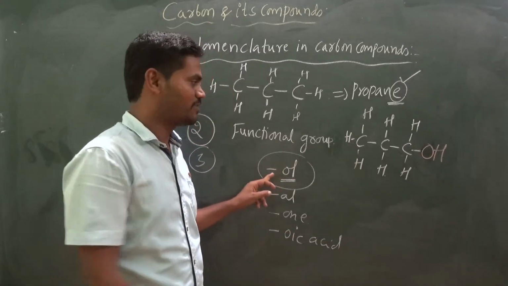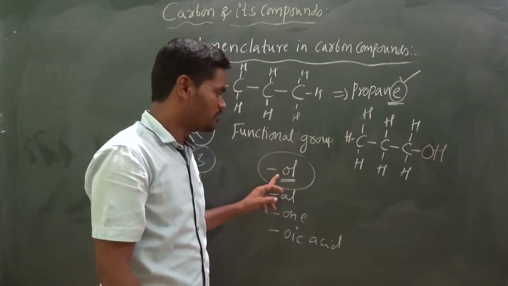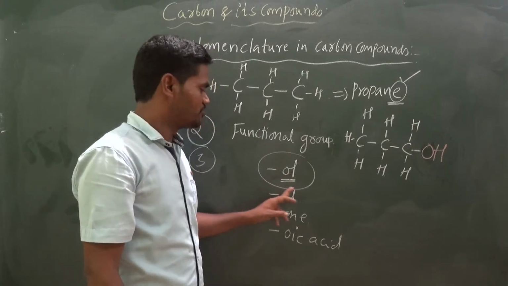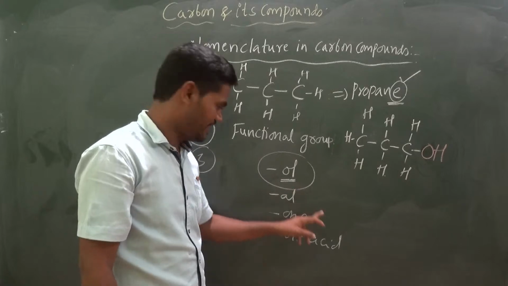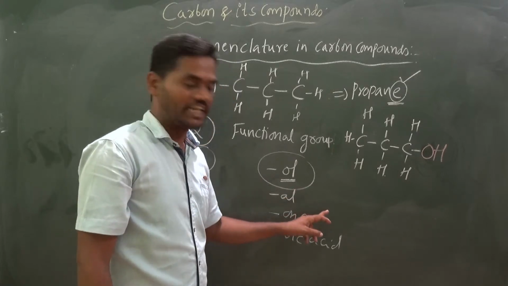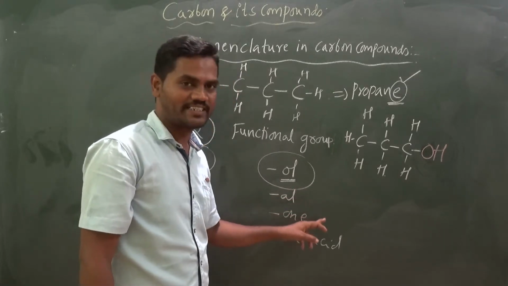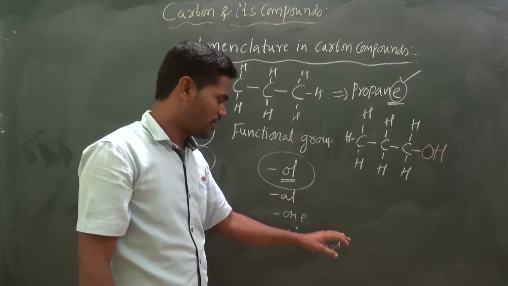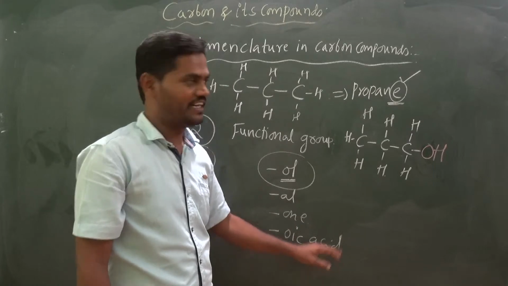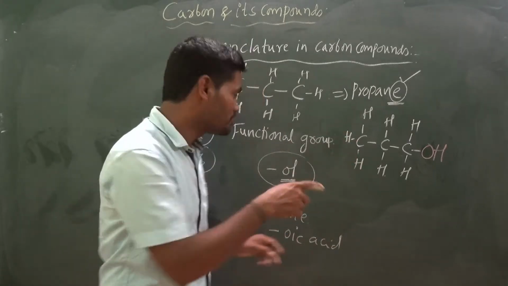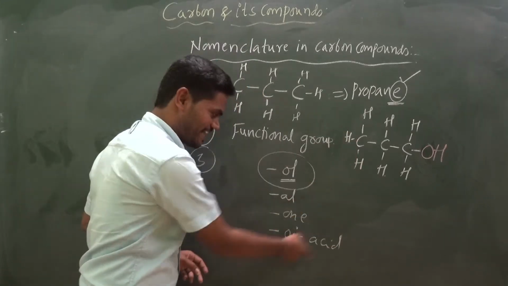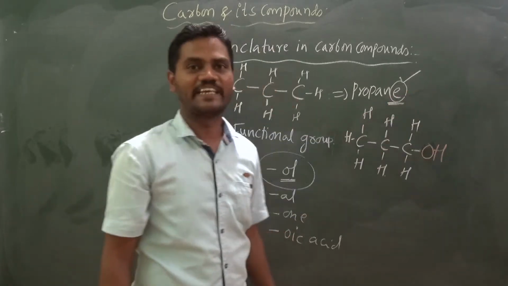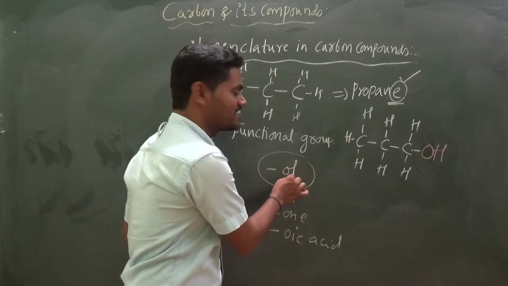If alcohol is there, use OL. If aldehyde is given, use AL. If ketone is given, use the secondary suffix ONE. If COOH is given, use OIC. Where you use these secondary suffixes, just delete the last E and add the secondary suffix.